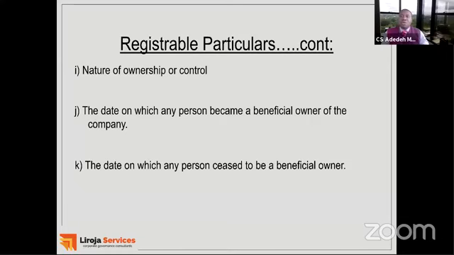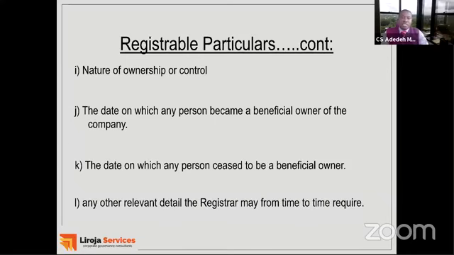This can happen on transfer of shares, where they no longer hold an interest in the company, or through dilution, where someone was holding 10%, but they've been diluted and they have now ceased being a beneficial owner. Now you put the date of that dilution or the date of exit from the company.